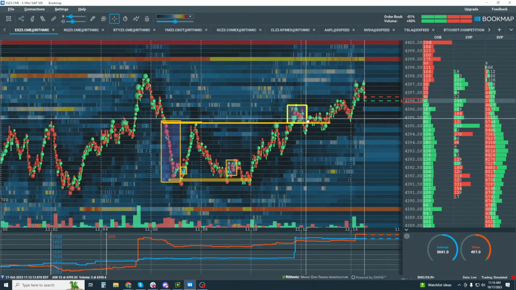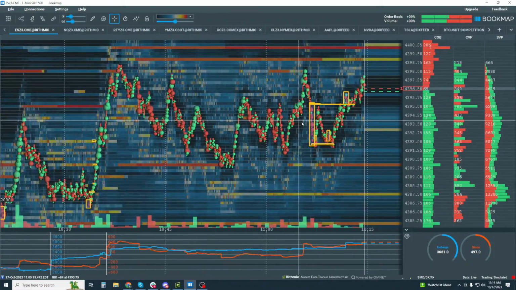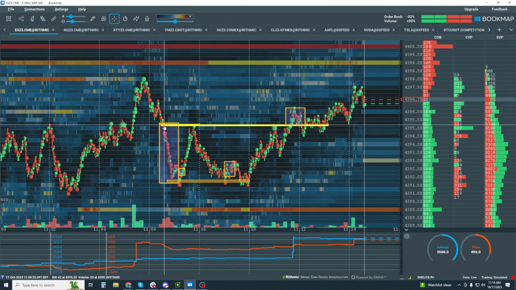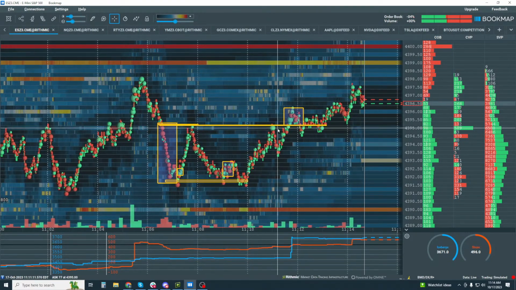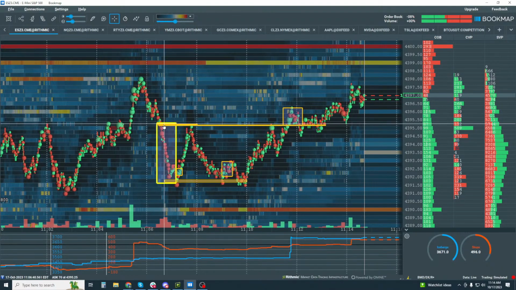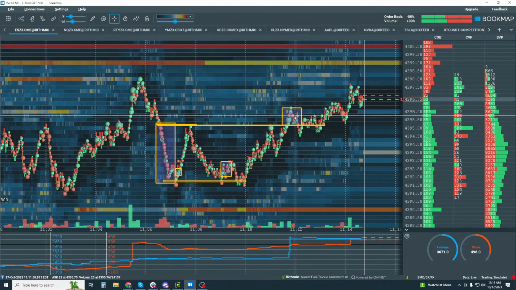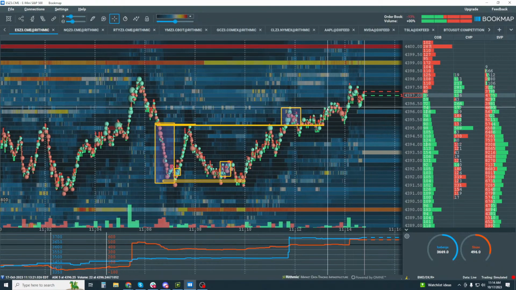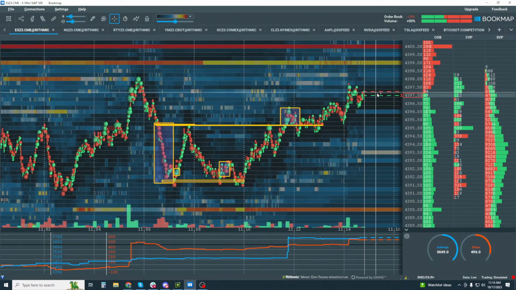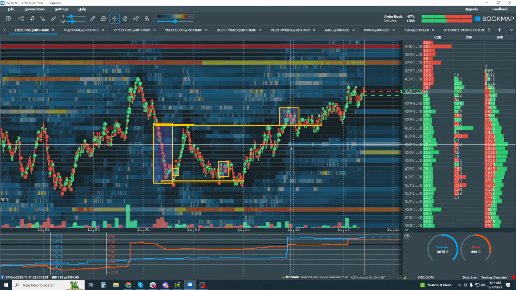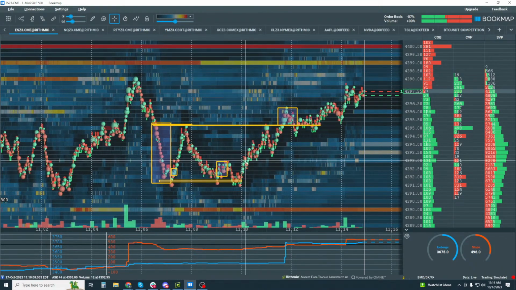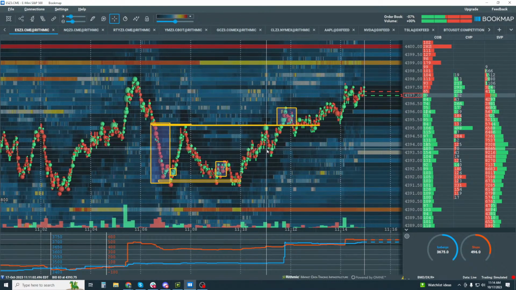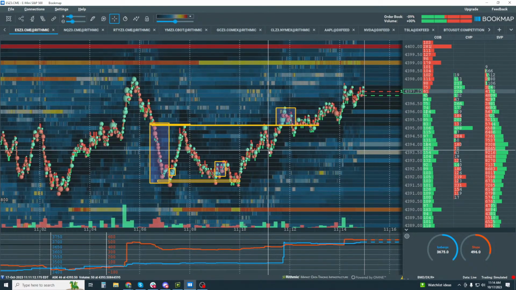We know buyers are in control in the bigger time frame, and we know that the buyers took control or had the potential to take control above this 95 area that we identified earlier on. And they're up here, and they're still buying. So yeah, we're still looking for the move higher here, but there just wasn't enough in here on our side. So this is a pass for me.